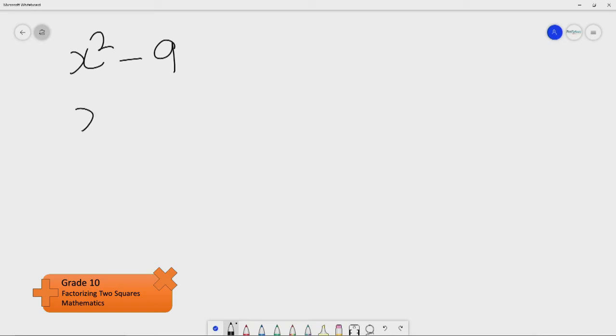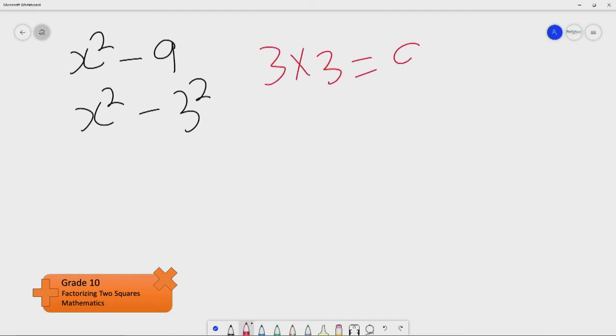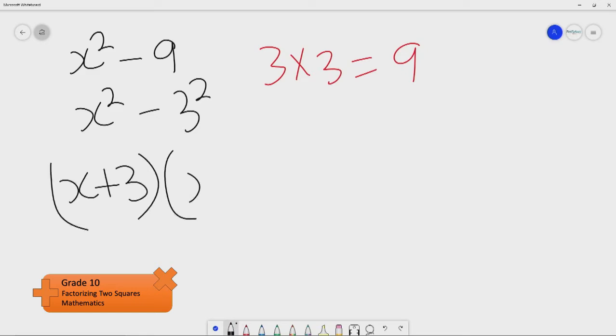So we have x squared minus 3 squared. Now, when 3 is multiplied by itself, so we have 3 multiplied by 3, this will give you 9. So now that you know that, we can go on and simplify. To factorize this, we have x plus 3 into x minus 3. And that is basically it, how we simplify or factorize, as they may say, a difference of 2 squared.